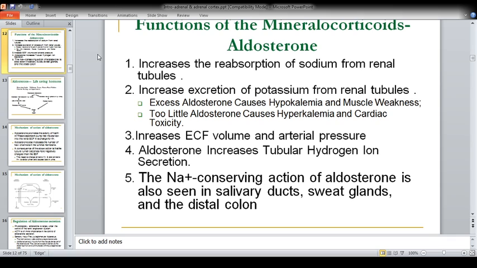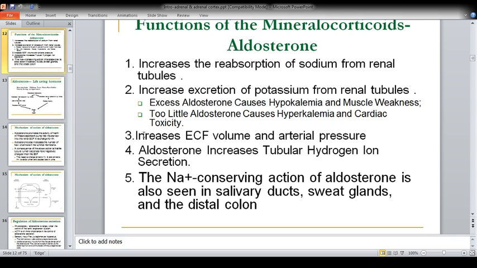Whereas too little aldosterone would cause hyperkalemia, that is increased potassium concentration in the blood, and cardiac toxicity. It would produce changes on the ECG due to hyperkalemia. Hyperkalemic changes can be seen in the ECG, and the heart's rhythm may be disturbed. Contractility is obviously disturbed.